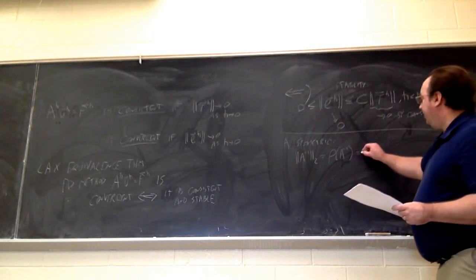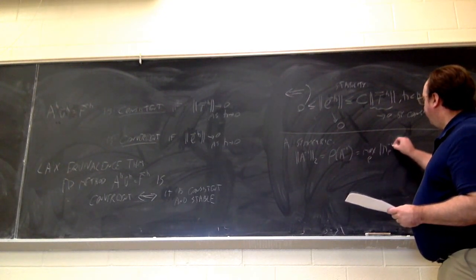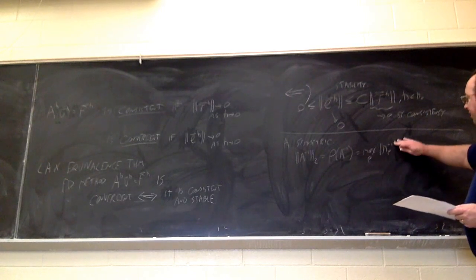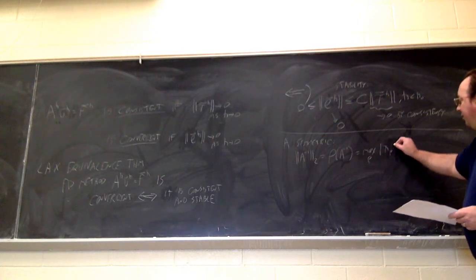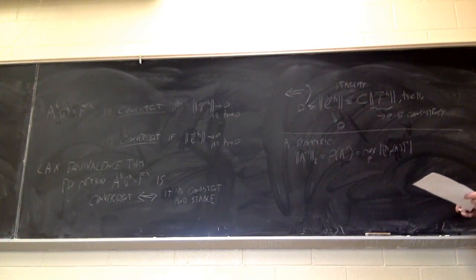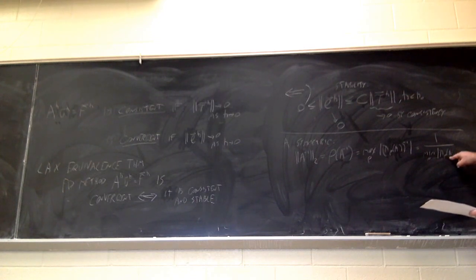So that's going to be the maximum of the reciprocal of any of the eigenvalues of A. But that's just going to be 1 over the minimum of the absolute value of all of the eigenvalues of A.